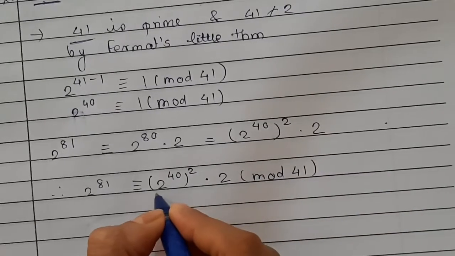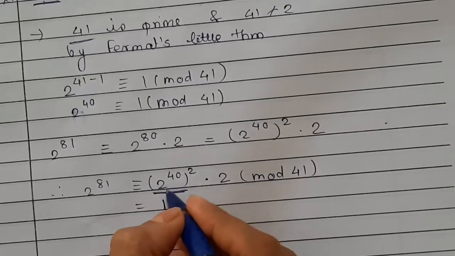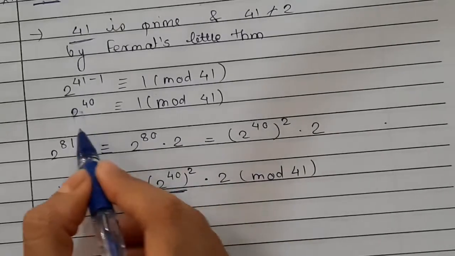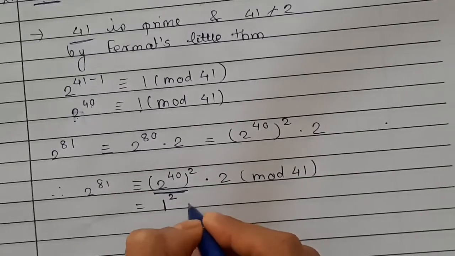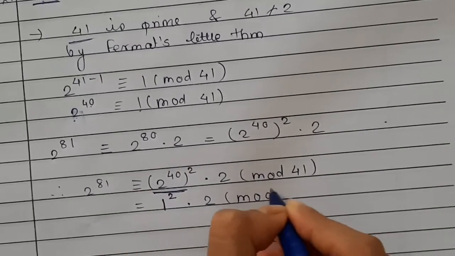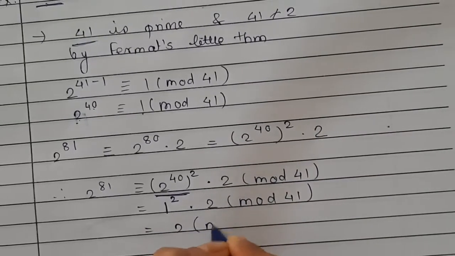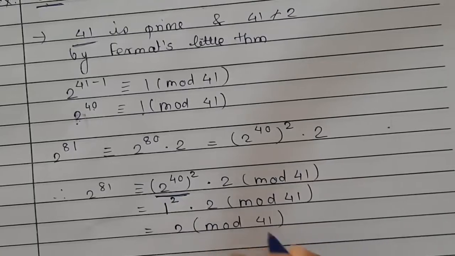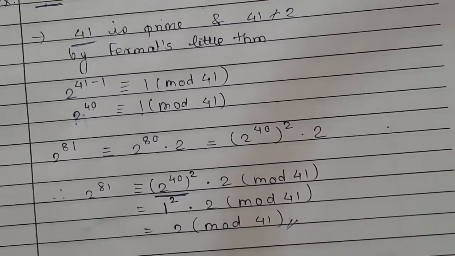Now we have the value for this: 2 raised to 40 is 1. So we get 1 squared into 2 mod 41, so we write 2 mod 41. That's what we had to show. I hope you understand this.